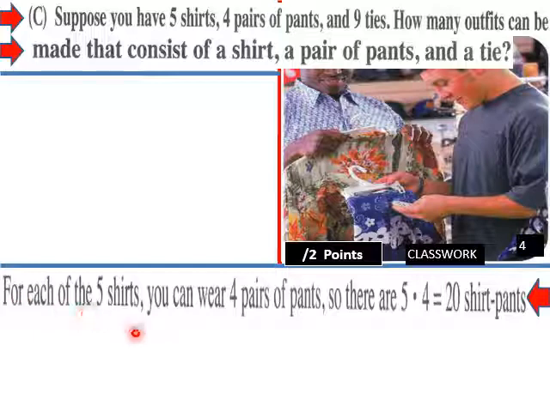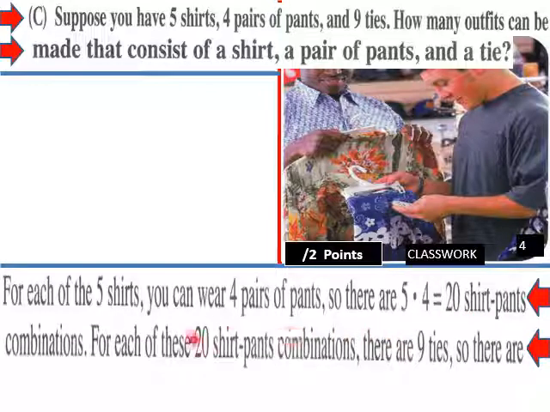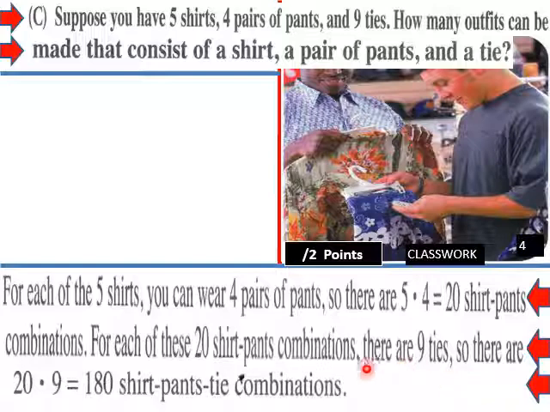For each of the 5 shirts, you can wear 4 pairs of pants, so there are 5 times 4 equals 20 shirt and pant combinations. For each of these 20 combinations, there are 9 ties, so 20 times 9 equals 180 shirt, pant, and tie combinations.